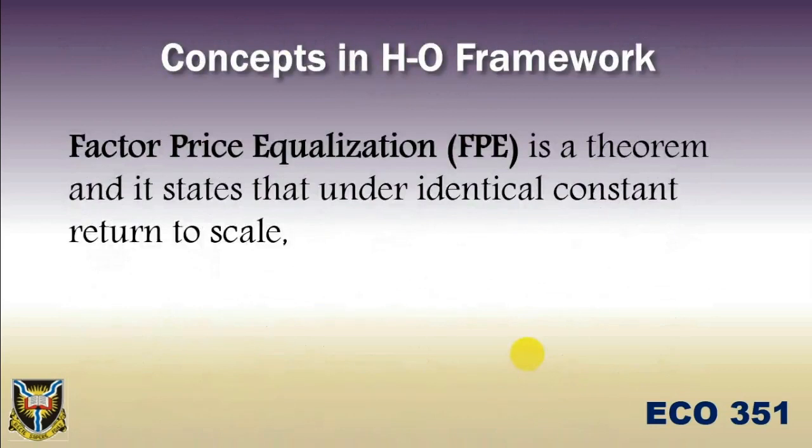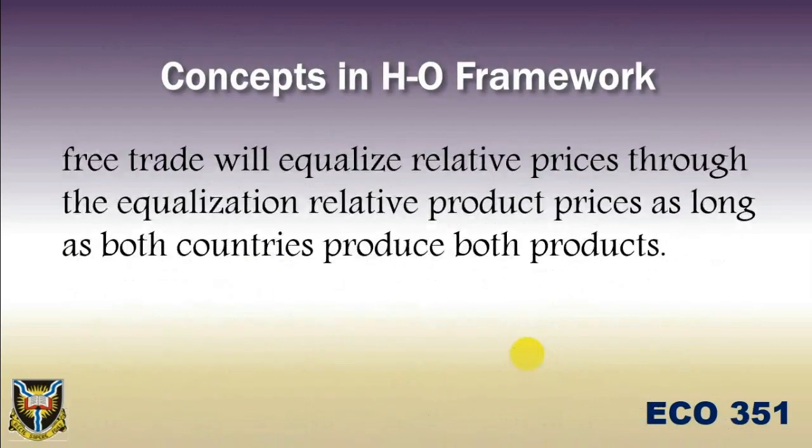Factor price equalization is a theorem, and it states that under identical constant returns to scale, free trade will equalize relative prices through the equalization of relative product prices, as long as both countries produce both products.